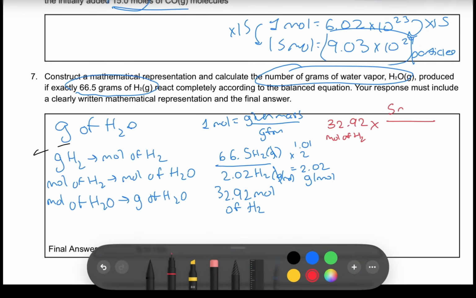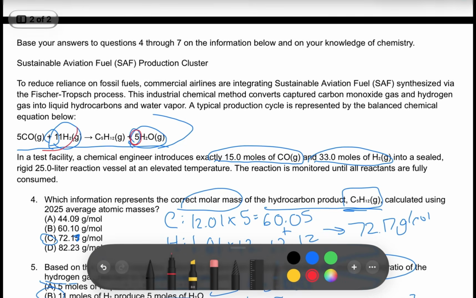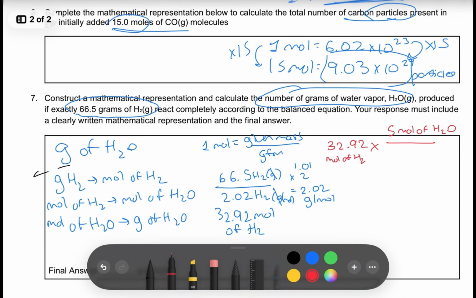So we're going to put 5 moles of H2O on top. Then on the bottom, moles of H2, according to the equation, is 11. So we're going to put 11 moles of H2. These will cancel out. We're going to get around 14.9 moles of H2O.